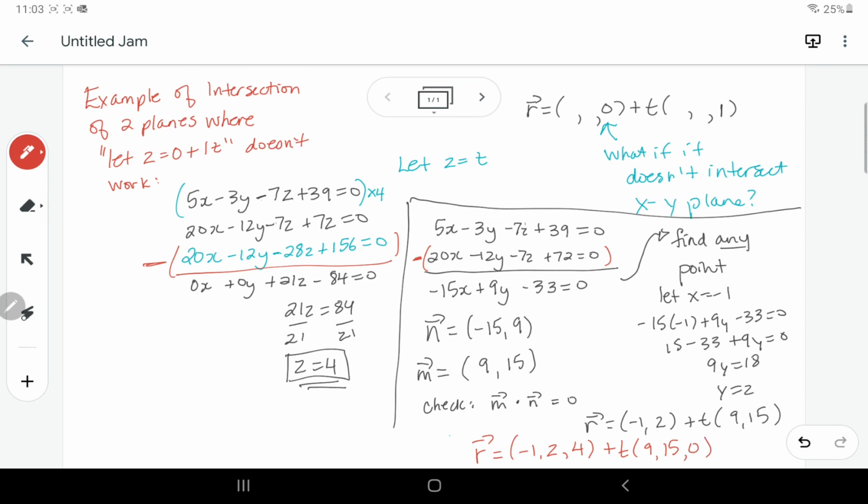That gives us the equation of the line in R3 that has a constant value of z equals 4, and otherwise is directly above this line in R2 that we found from that original equation.